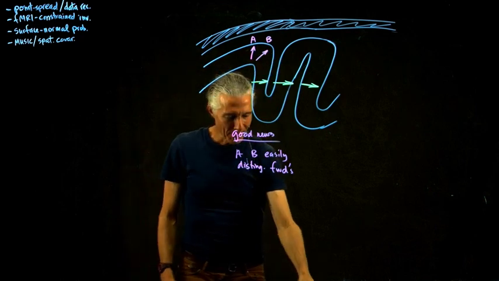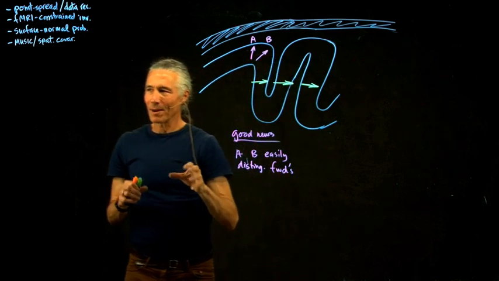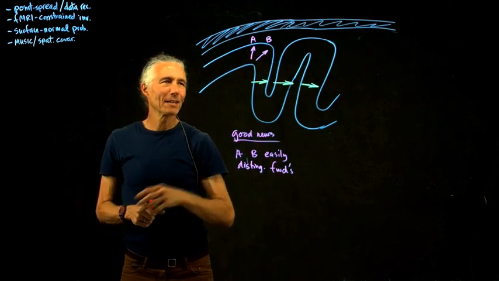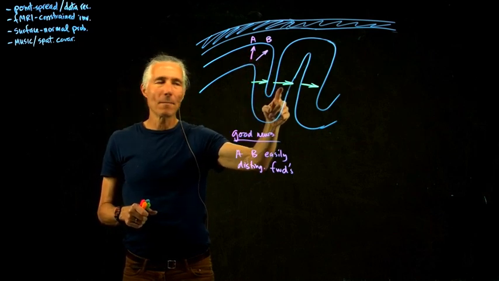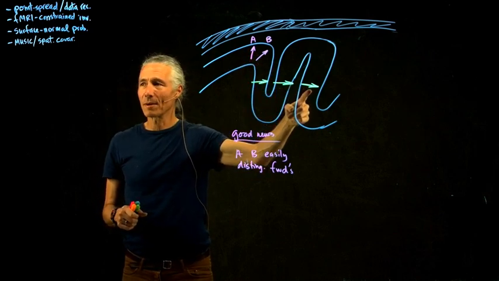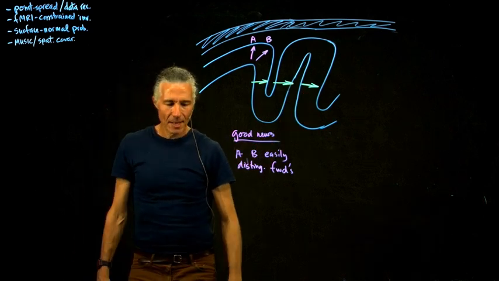So that's kind of an evil non-uniformity of the point spread function. That's what you would say. These two things are very close together, easily distinguishable. These are quite far apart on the surface. This one's really far apart on the surface.